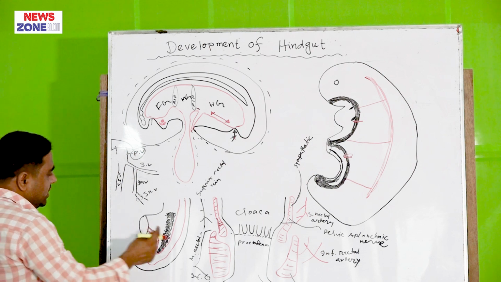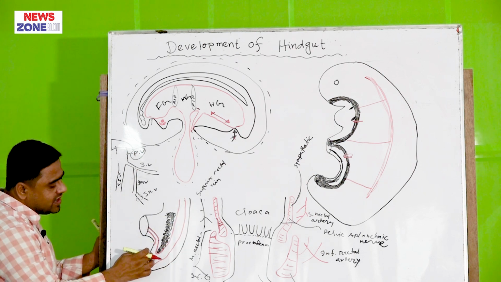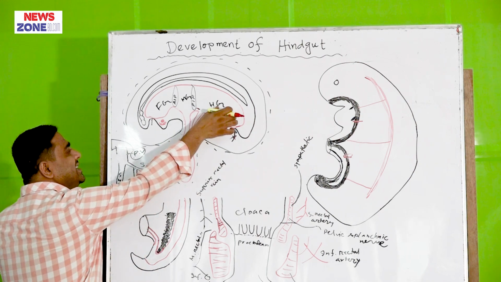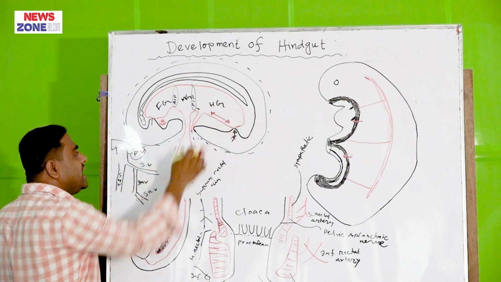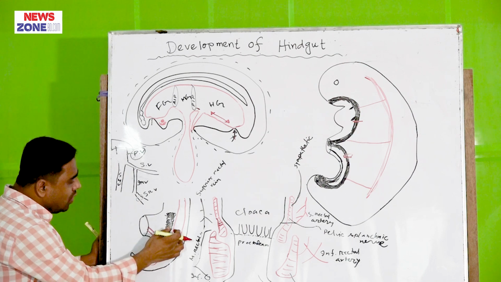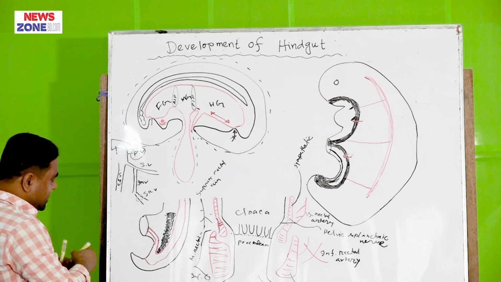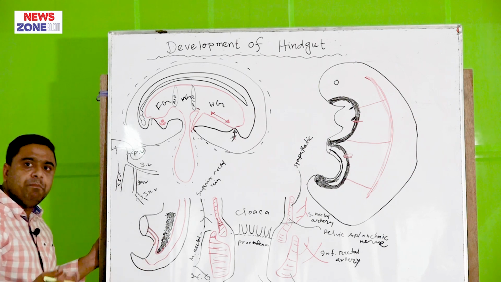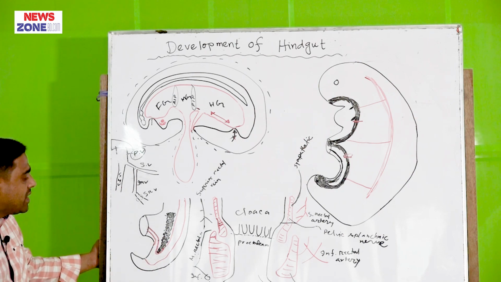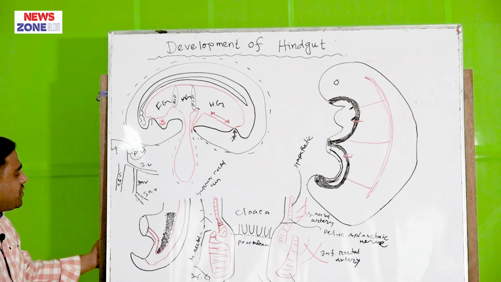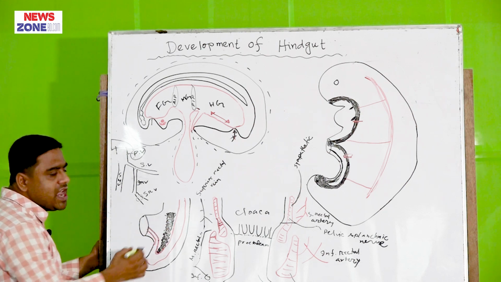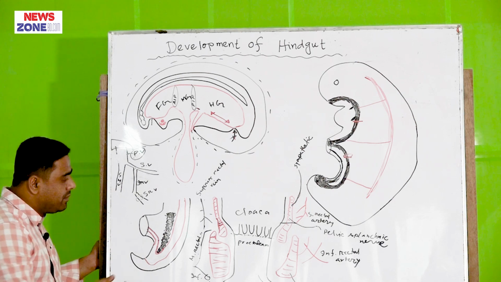Now, coming to the point, this red one is the hindgut, and the lower, distal dilated part of the hindgut is called the cloaca. There is a septum, this black one, a mesodermal septum formed by the condensation of mesenchyme, called the urorectal septum.